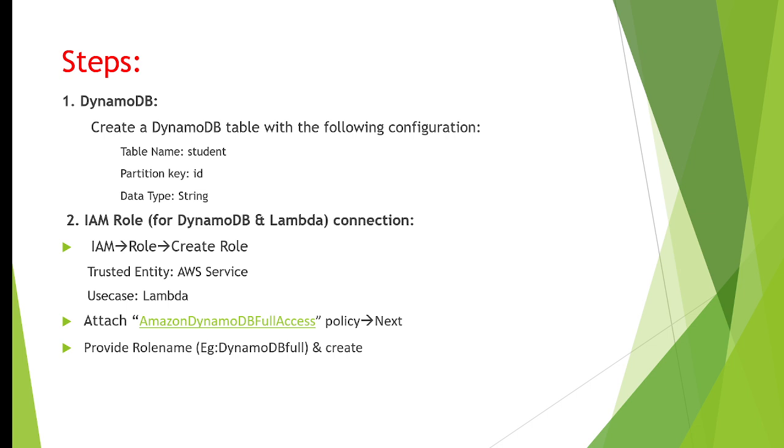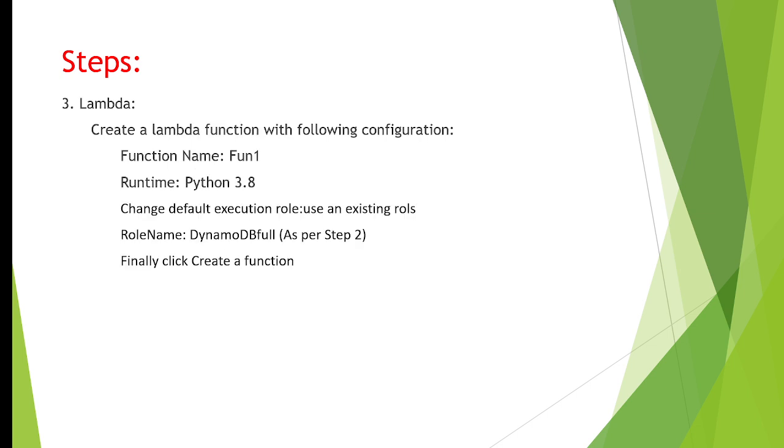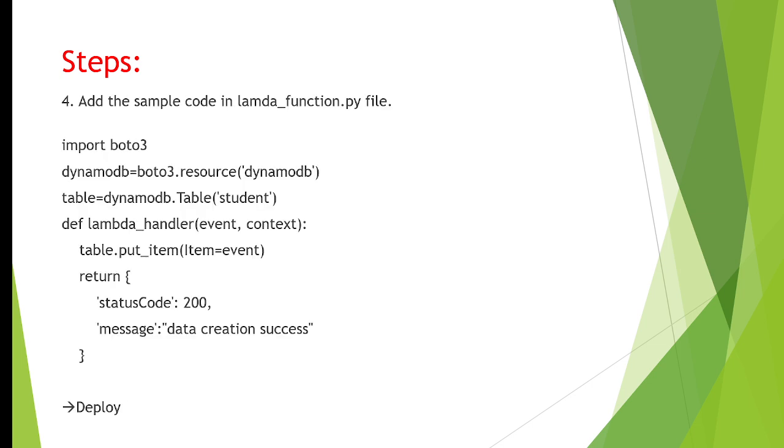So here I am going to use the Amazon DynamoDB full access role. And the third step is I need to create one Lambda function where the runtime environment is Python 3.8. This is the sample code I have to keep. This code I will explain during the demonstration.